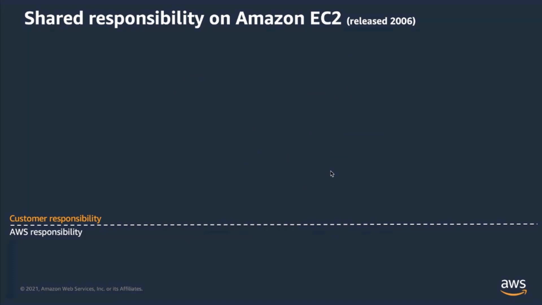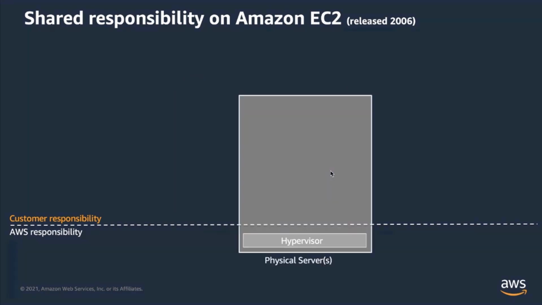what does the shared responsibility model look like for EC2, right? So with EC2, we said AWS will take responsibility of the physical servers that are running in data centers and the virtualization stack that's running on top of these physical servers. You, as the customer, can just make an API call and basically spin up virtual machines in the cloud, what we call EC2 instances.